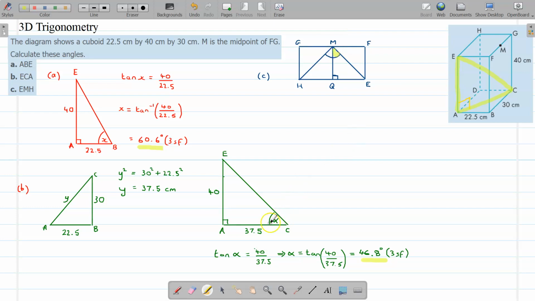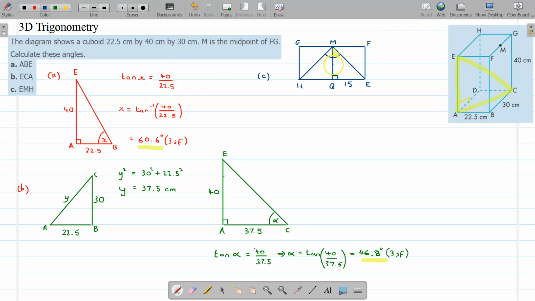And I can do that because I know that this line here between Q and E is going to be exactly half of 30, because that's the midpoint of a line 30 long. So that's going to be 15. And I also know that the height of this triangle, from M to Q, is going to be the same as 22.5.